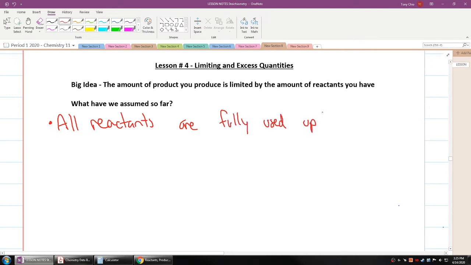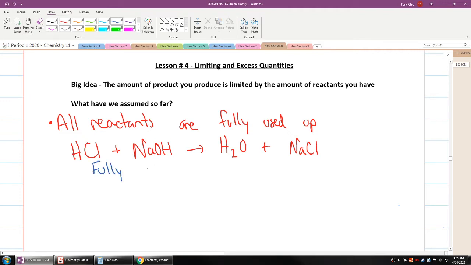What that means is we are assuming, for example, when we reacted HCl plus NaOH, when it reacts, it gives you H2O plus NaCl. We're assuming that when we react these two, the HCl and the NaOH are fully used up. But this is not the case.